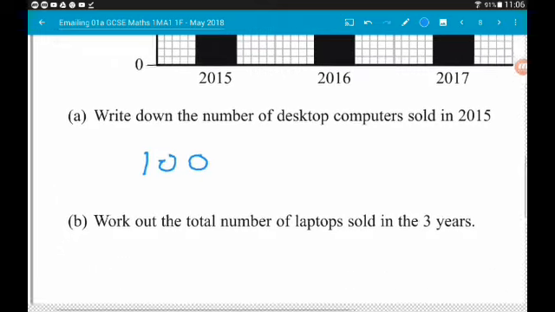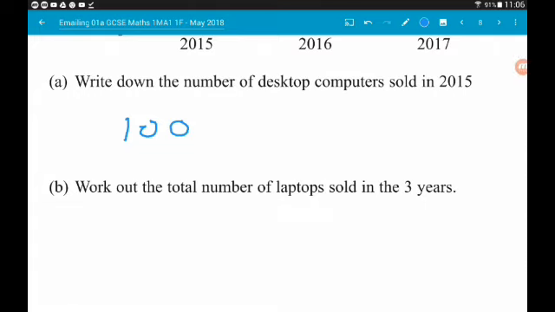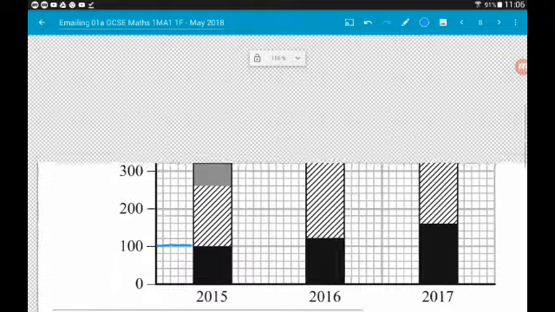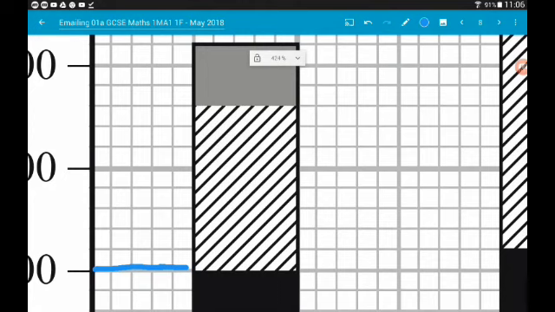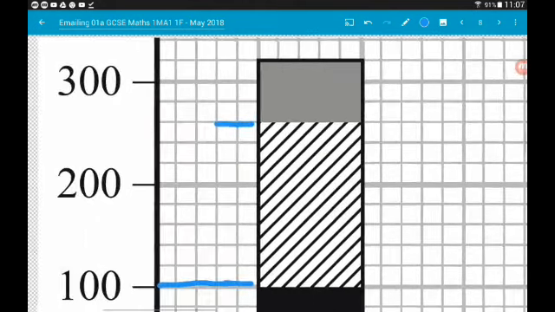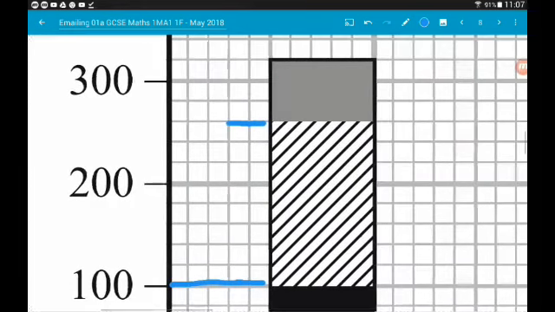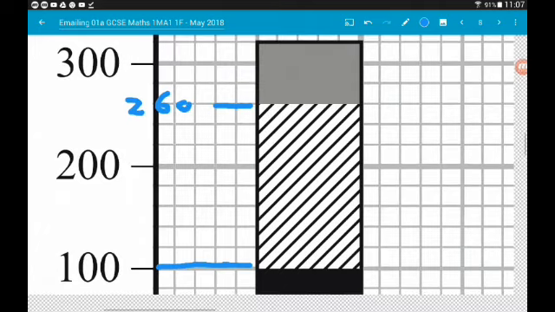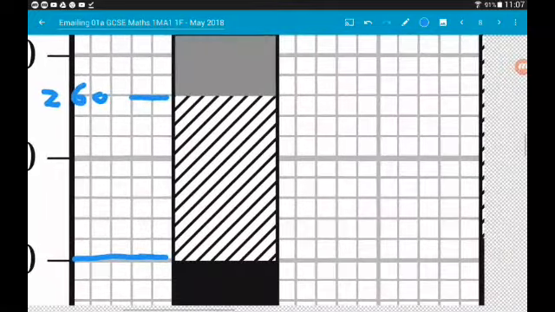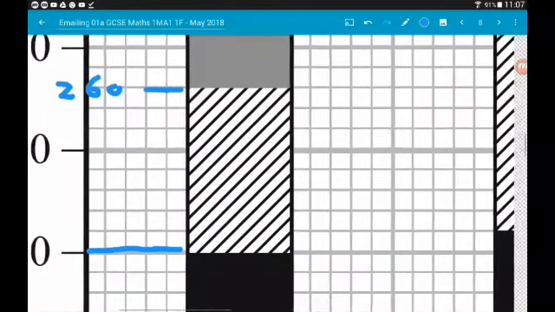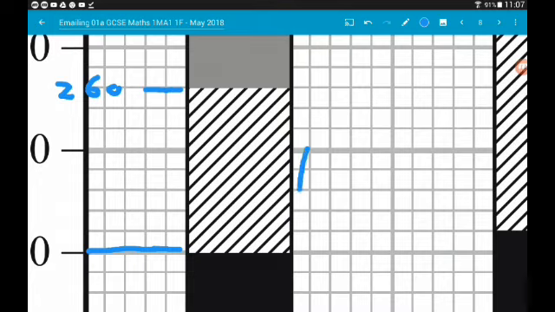Part B wants us to work out the total number of laptops sold over the 3 years. Okay, so in 2015, here, our top mark is 260, and our bottom mark is 100. So altogether here, in 2015, they sold 160.